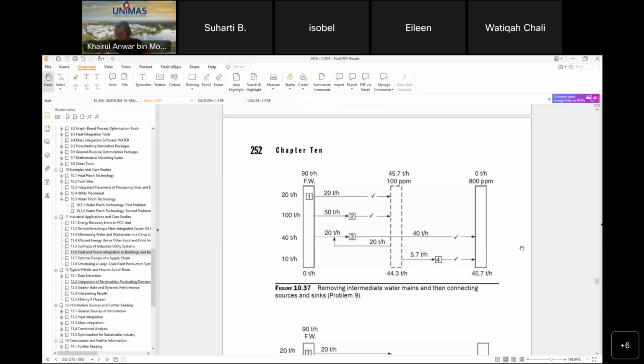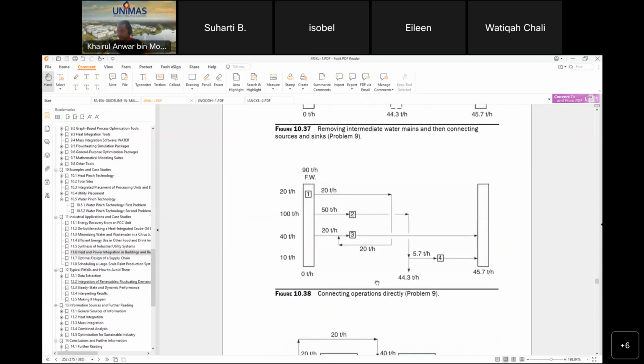Remove the intermediate water main where this is appropriate, 10.37. So remove the intermediate water main, then connect the sources. The intermediate is in the middle.